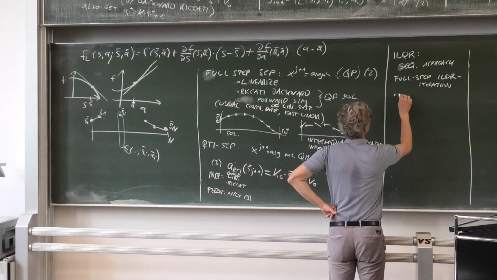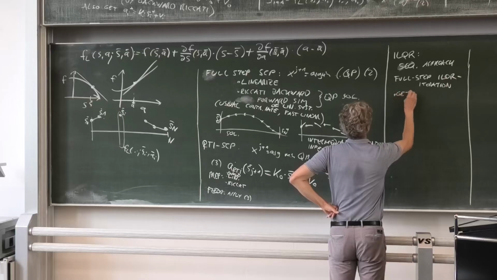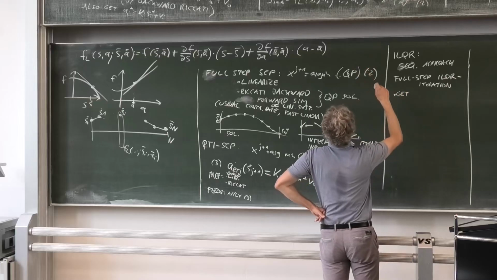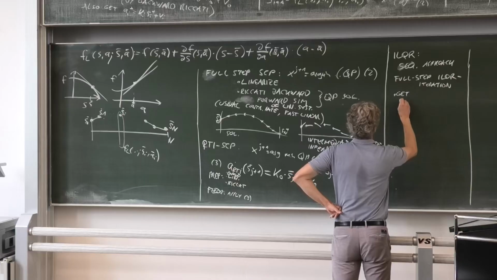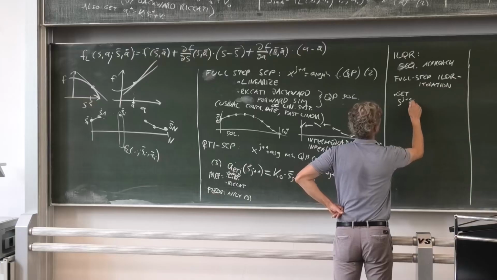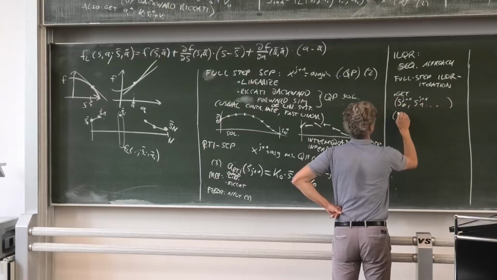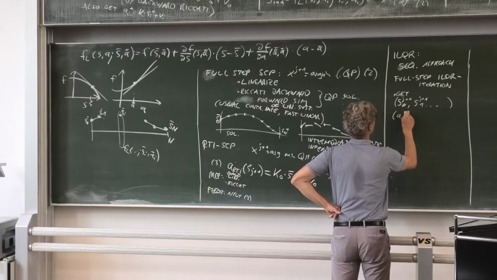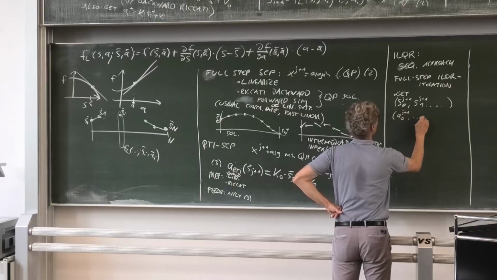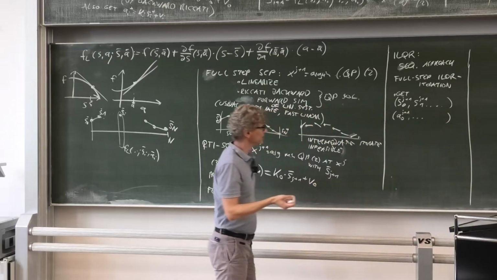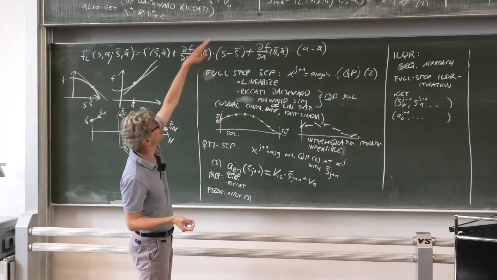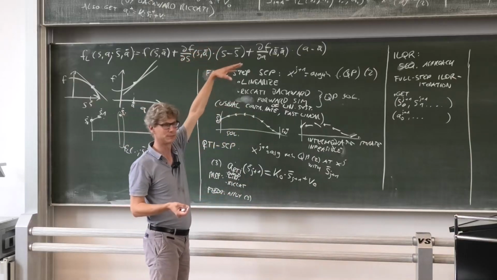So we get basically this new iterate that we call Sj plus 1, 0, Sj plus 1, 1, and so on. And also the controls, A0, j plus 1. So all these controls, right? You get them after you have done the Riccati recursion like we do anyway.